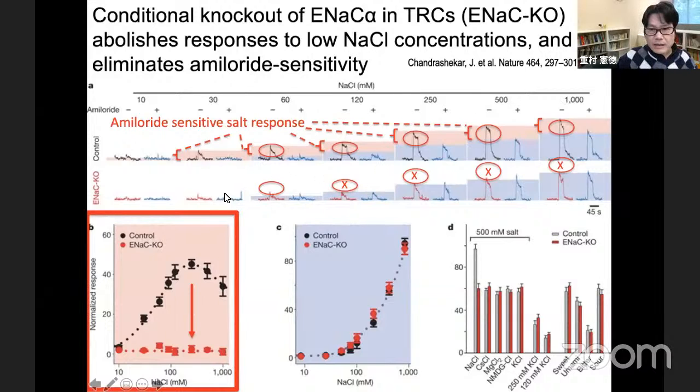This is a control mouse, and this is an ENaC knockout mouse. The orange part has completely disappeared. Thus, this result revealed that ENaC is a salty taste receptor.